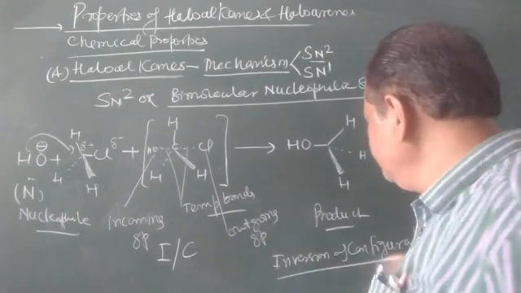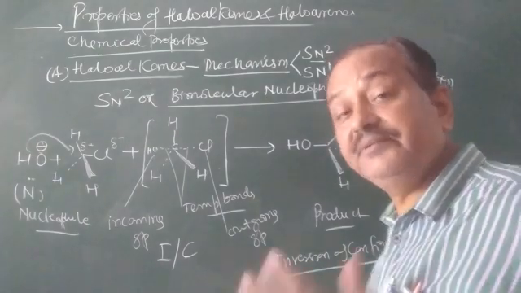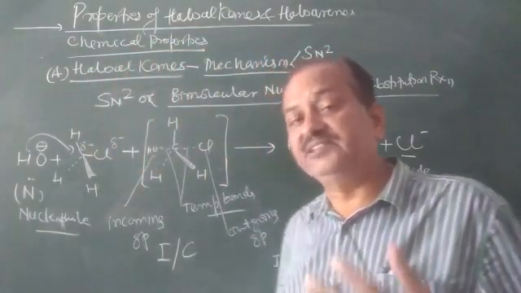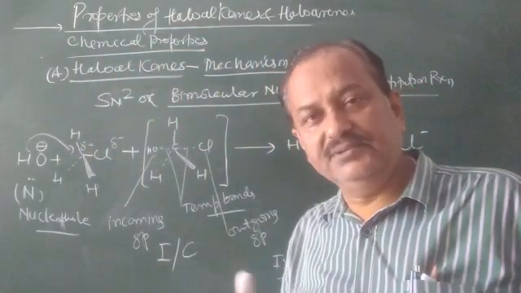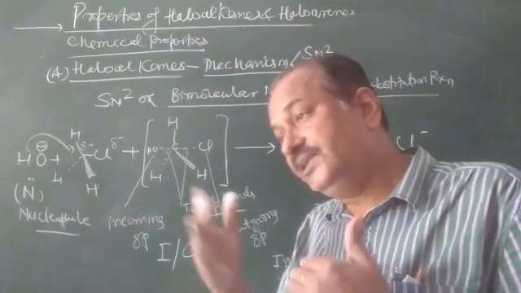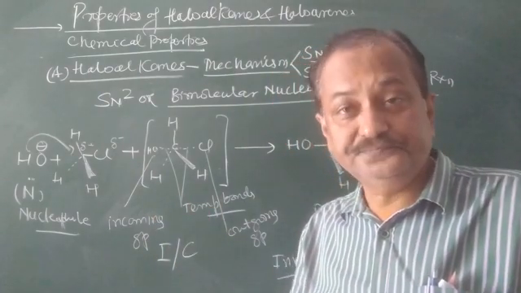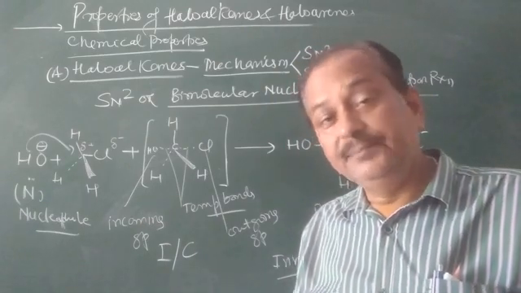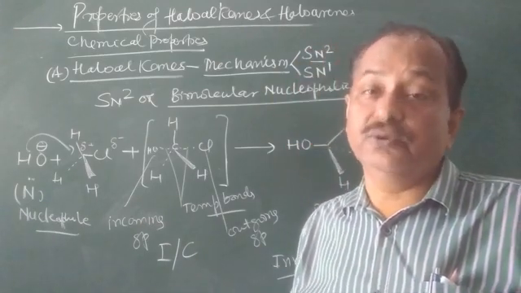Inversion means just reverse. We have inverters in our homes. What happens when main supply fails? We are connected with inverters in our homes, and automatically the inverter switches on, and so we are able to get the electricity. But as soon as main supply is on, what happens?